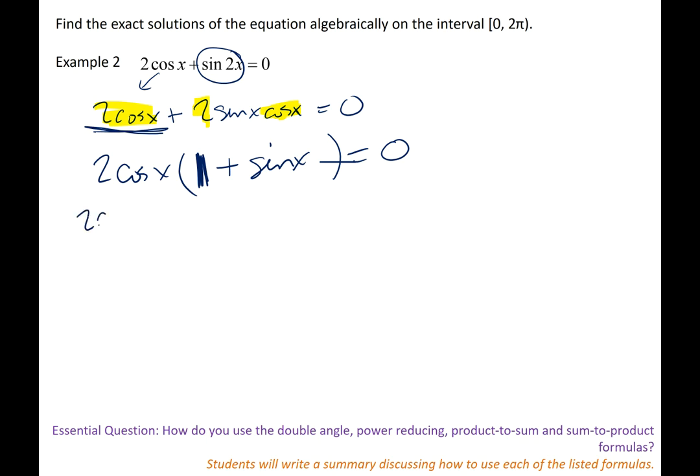So we're going to do 2 cosine x equals 0 and 1 plus sine x equals 0. What am I going to have to do to the left side here? Divide by 2, so I get 0. And then what do I do to the second one? Subtract 1, so negative 1.